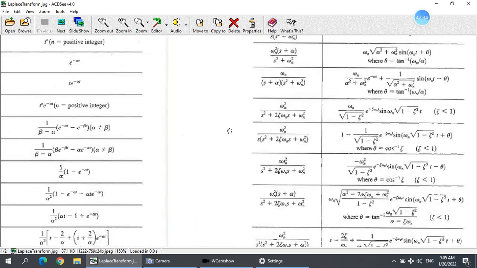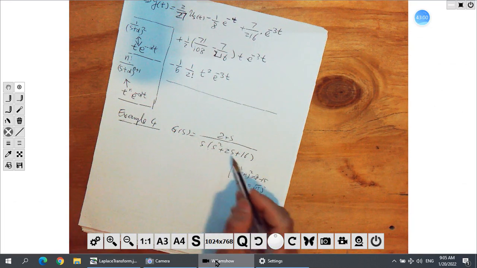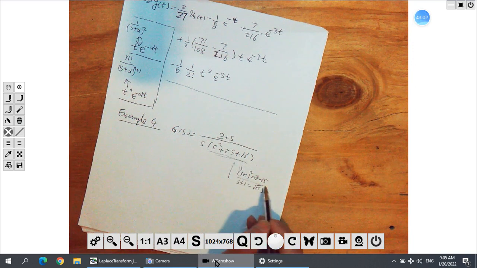You can write this as S plus 1 squared equal to negative 15, right? So S plus 1 equals square root of 15 times J. J is the square root of negative 1.